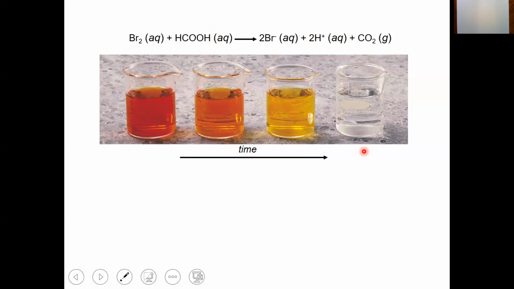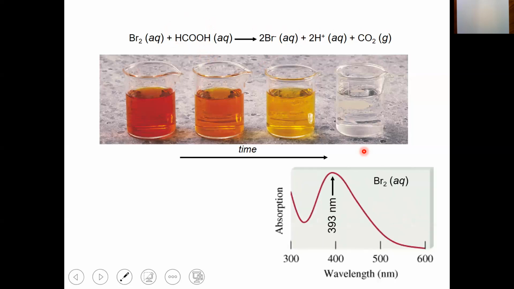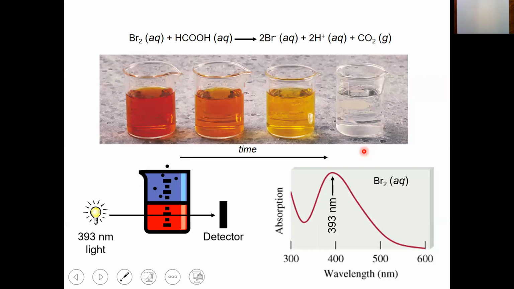And you can see that with your eyeball, but you can also see it with a chemical instrument. One can shine a light of a certain wavelength through your sample and detect the absorbance of your sample. Over time, the absorbance of your sample will change because the color of your sample disappears.